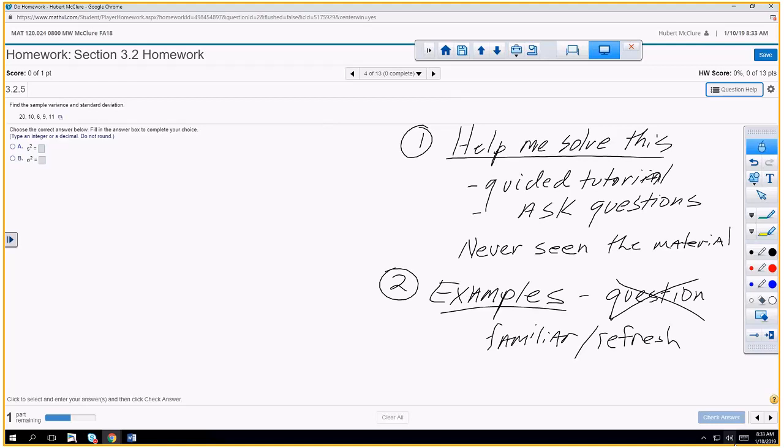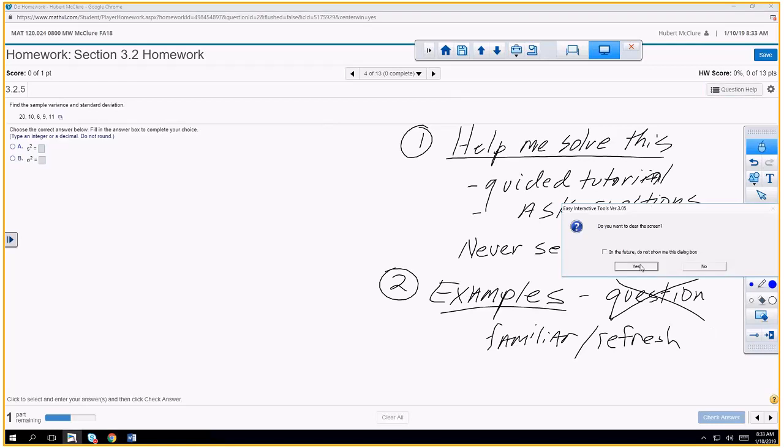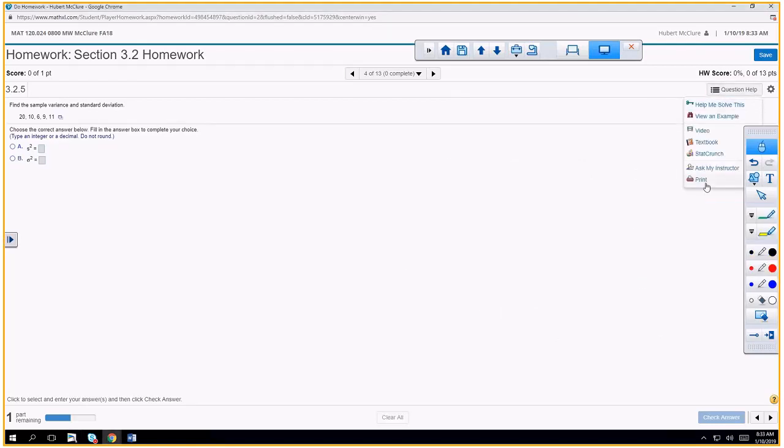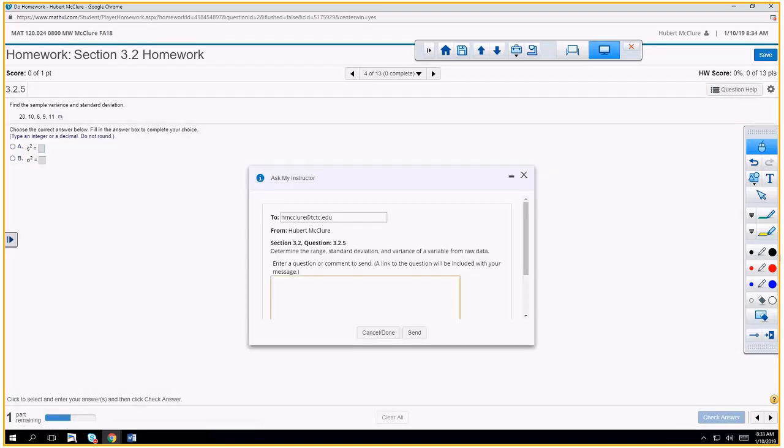The main reason I want to show you this is because of this feature right here. Ask my instructor. When you use that feature, that is kind of a last resort, or you want me to go over it, one of the two. And you go down here and you type in a message if you want to.